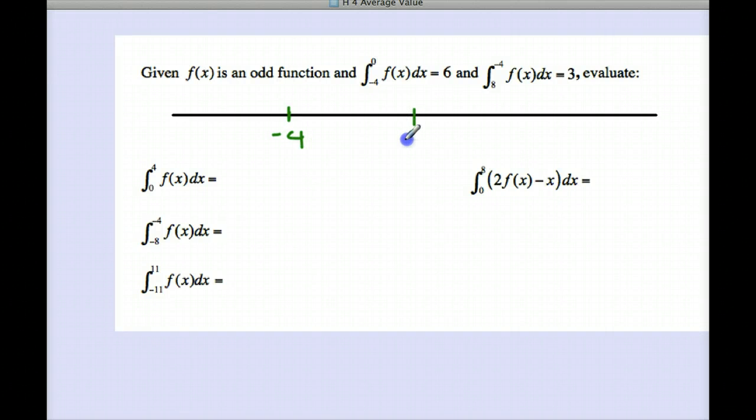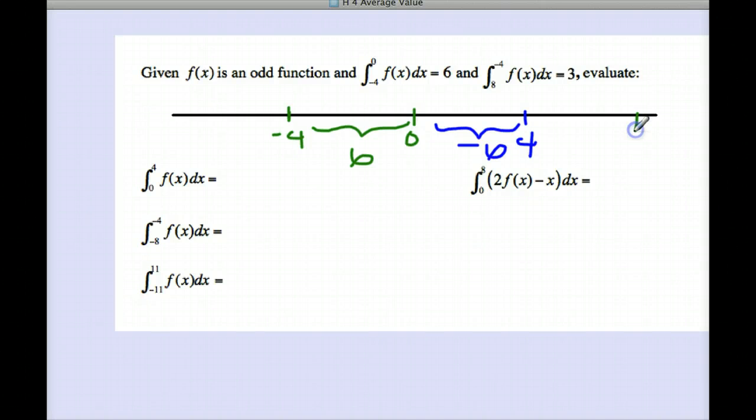-4 to 0 has a value of +6, which means from 0 to +4, this is going to be a -6. And then I see that 8 to -4 has a value of 3.